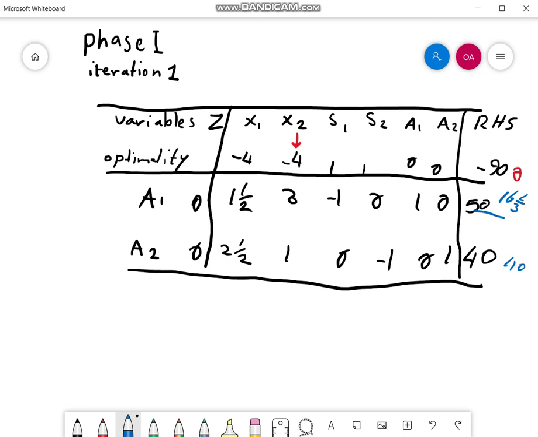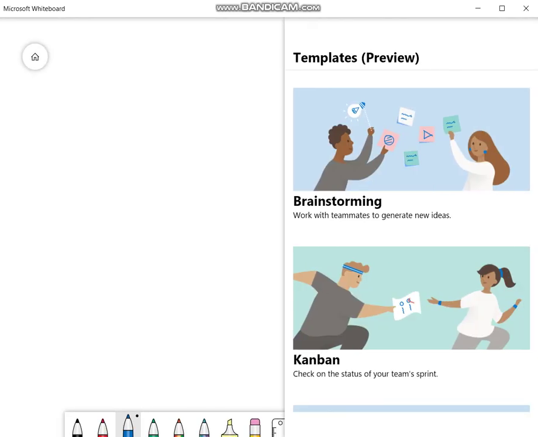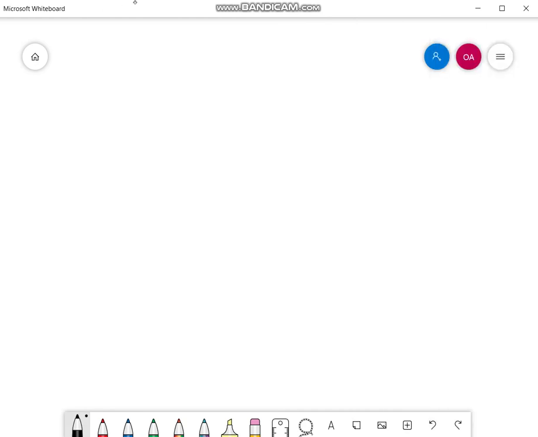So this one is my pivot column. So my pivot row.